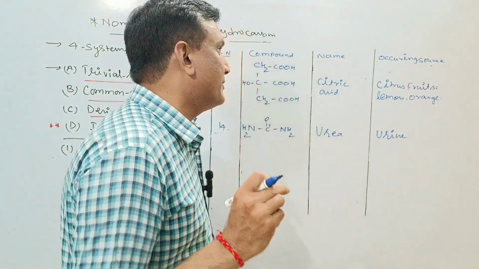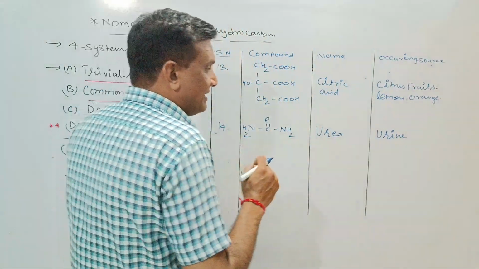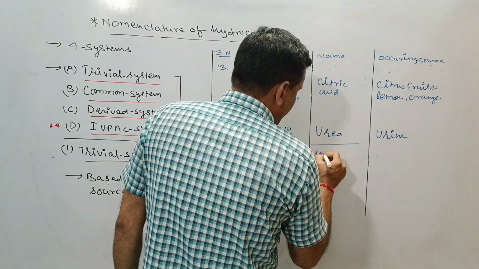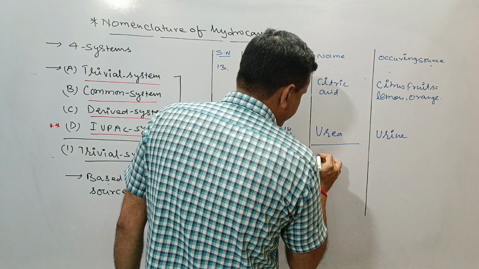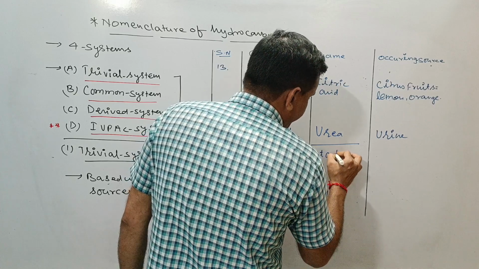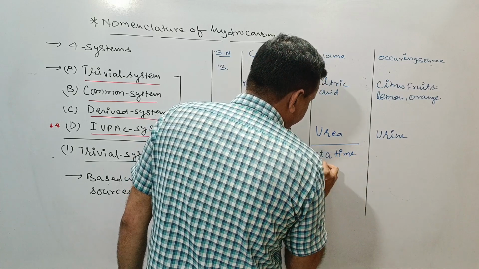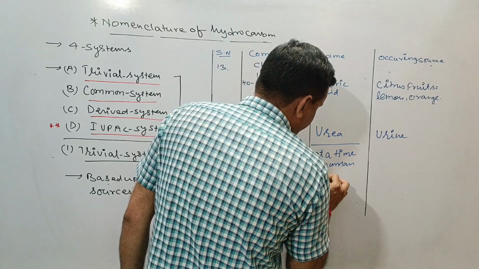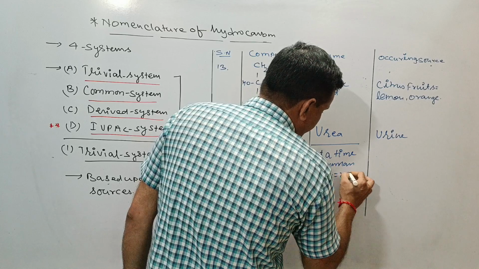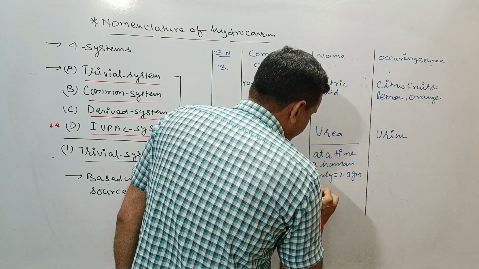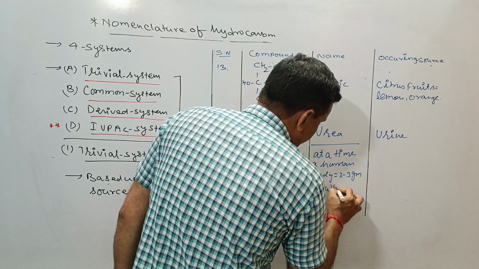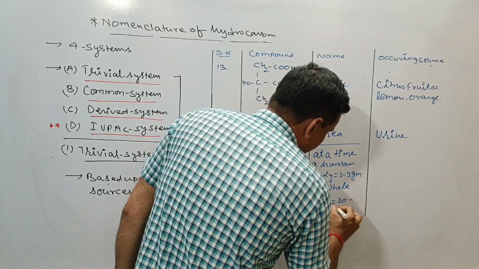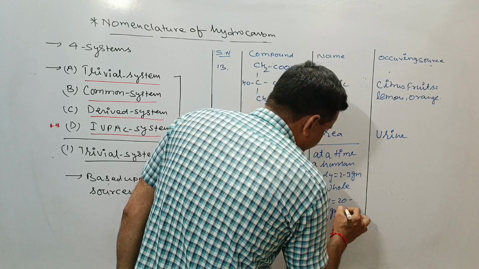One thing is very important. In a day, you can say at a time, a human body excretes 2 to 3 gram urea, and in the whole day just 20 to 30 gram urea.